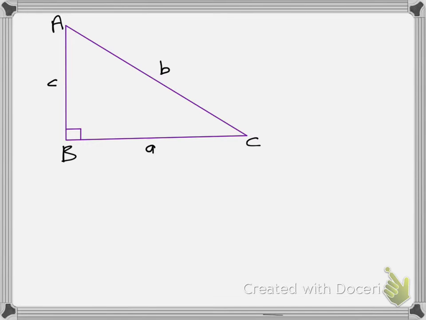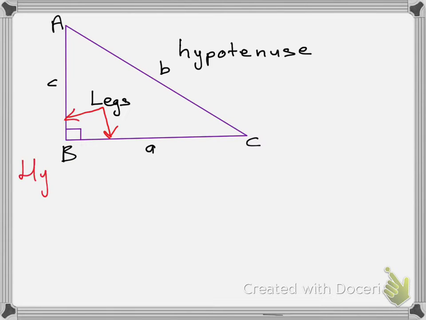Now, with that in mind, we can also name these sides. The longer side, which is opposite the 90-degree angle in a right-angled triangle, is called the hypotenuse. The other smaller sides, we call them the legs. These sides are the ones that will be perpendicular to each other.